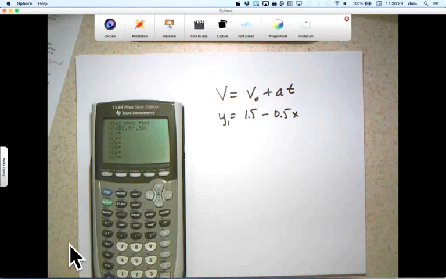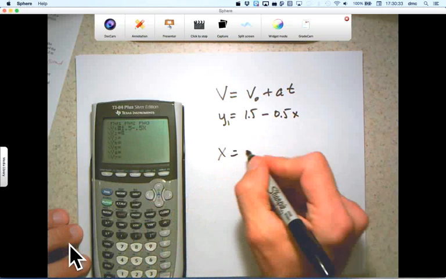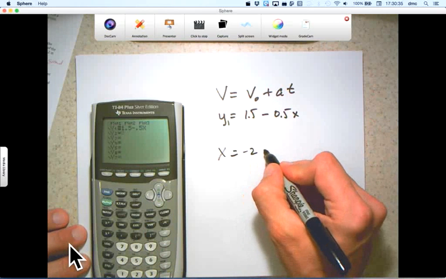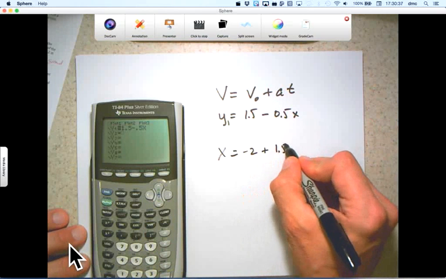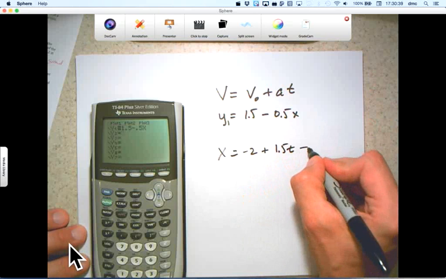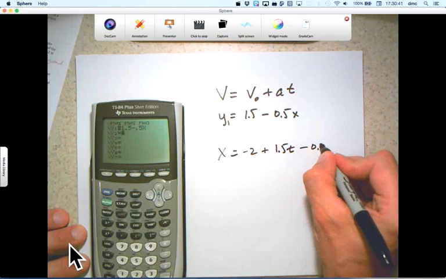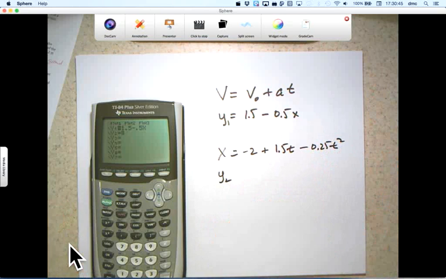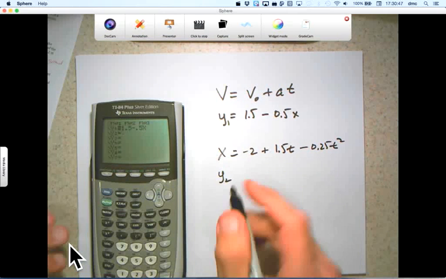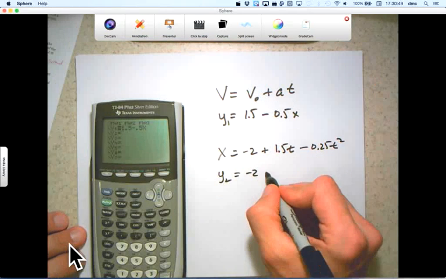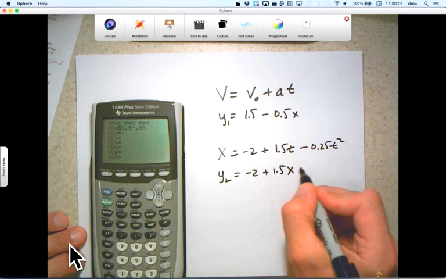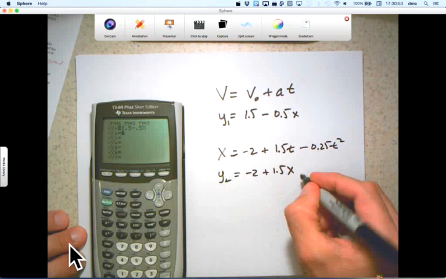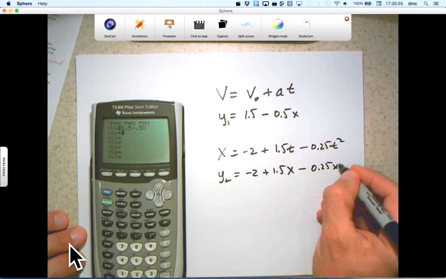Next, for the position, we had -2 plus 1.5 times t minus 0.25 t squared. So that becomes y2 for me, y2 equals -2 plus 1.5x. I have to use x because that's what the calculator works with, minus 0.25x squared.